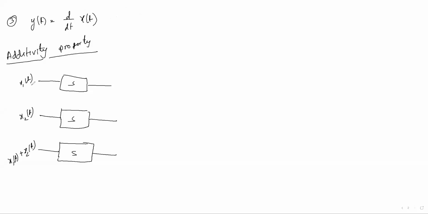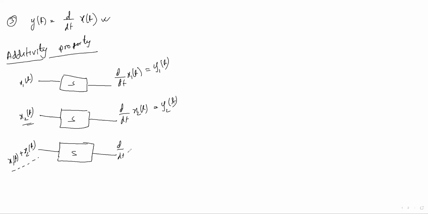Okay, let me solve. What the additivity property says: if we take one signal x1 of t to the system, which has the given characteristic, what will be the output? d by dt x1 of t. So this is nothing but y1 of t. If we take input as x2, what will be the output? d by dt x2 of t. So this is y2 of t. What will be the case if we sum up the two signals?